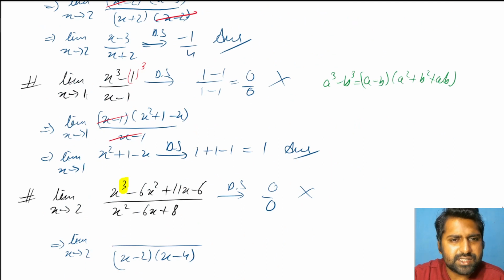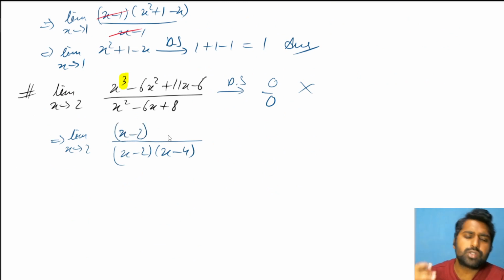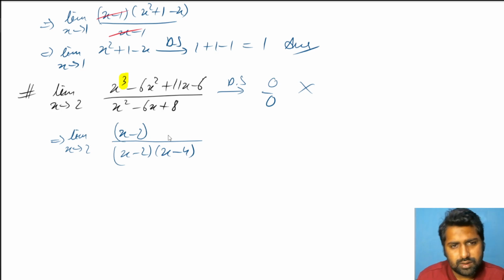If the limit was x tends to 1, x minus 1 was the factor that cancelled. Again it is coming 0 by 0 and the limit is x tending to 2. Can you see yourself that it has to have a factor of x minus 2 in numerator and denominator so that it will cancel? Okay. And you can check yourself also that by putting the value of x as 2, it will become 0.